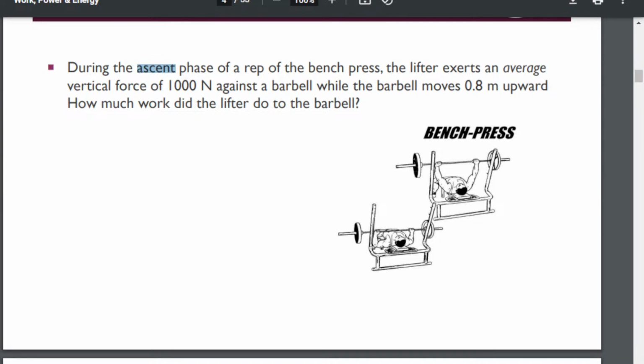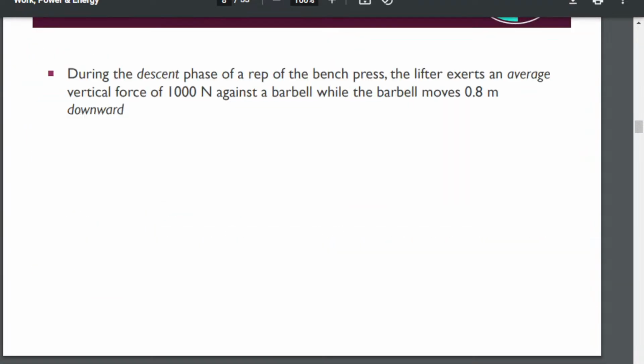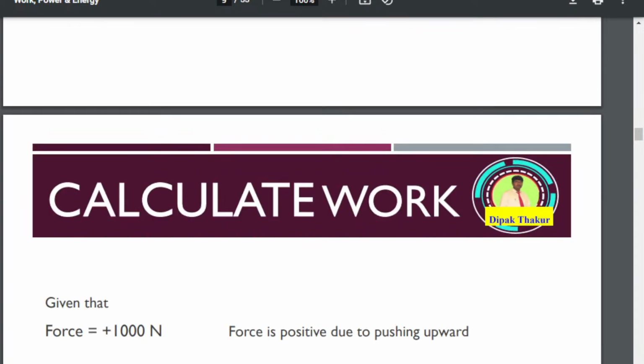Now, in the descent phase, the lifter is pulling it downward. The lifter has exerted an average force of 1000 Newton against the barbell, and the barbell moves 0.8 meters, the same question but downward. Now, how do we calculate this?